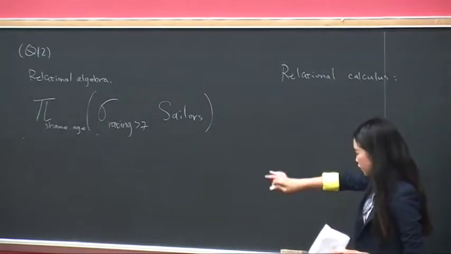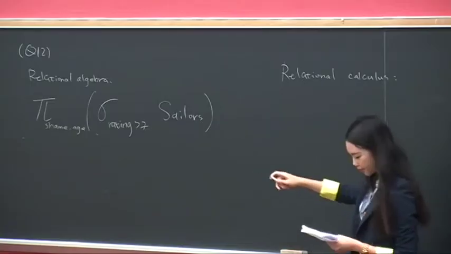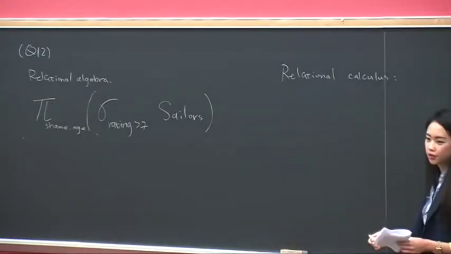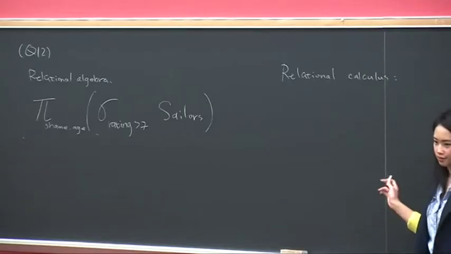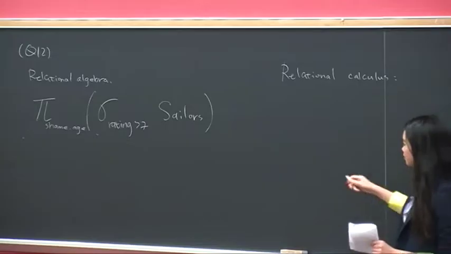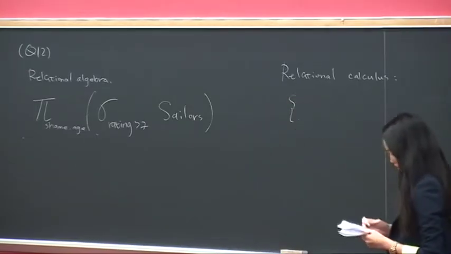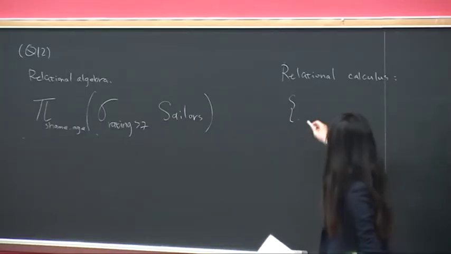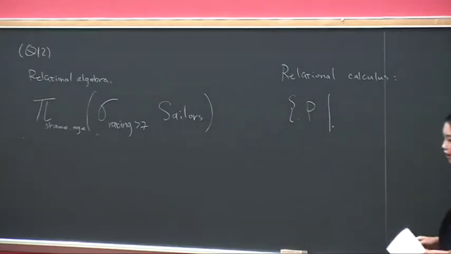So we want to map calculus from algebra, in a sense that, remember the format of calculus? What will be the most outer thing? Curly braces. Okay, so let's say we start with curly braces. On the left-hand side, we always give the tuples names. So let's say we just name it P for now. And we put the criteria on the right-hand side.